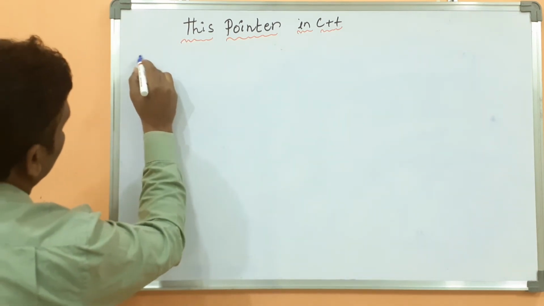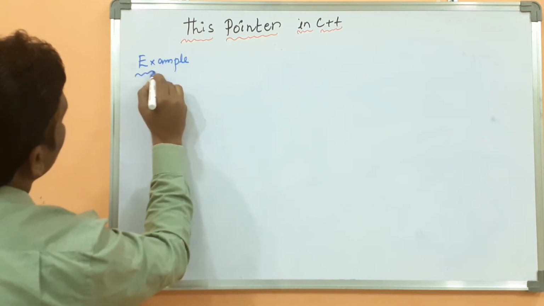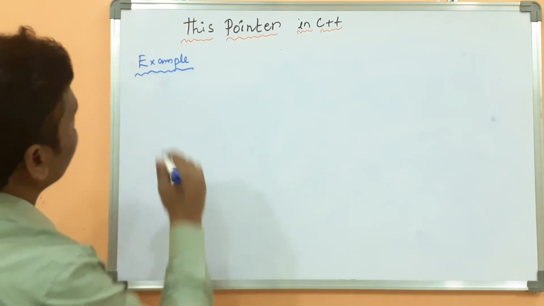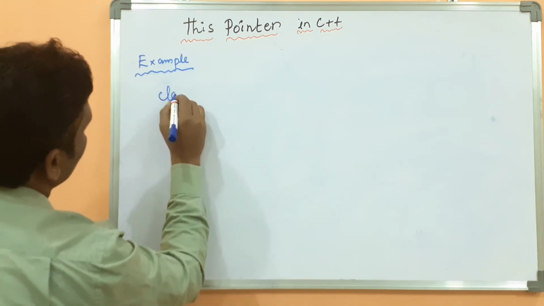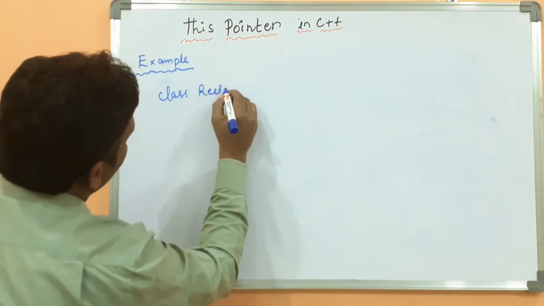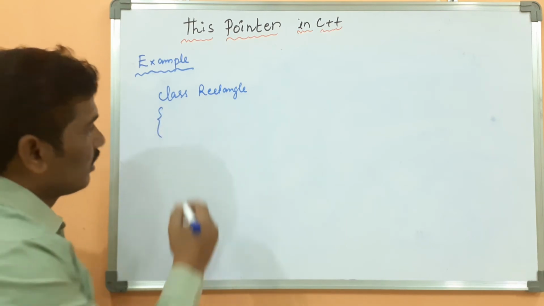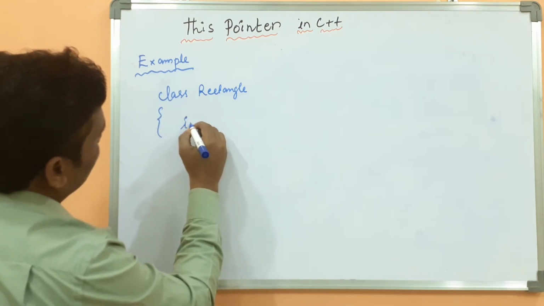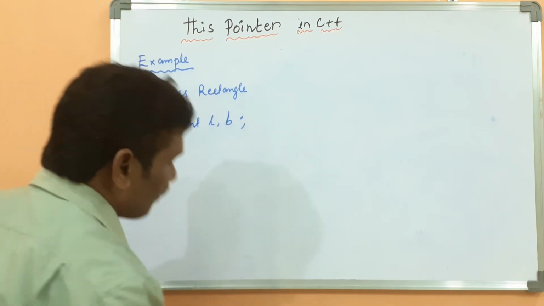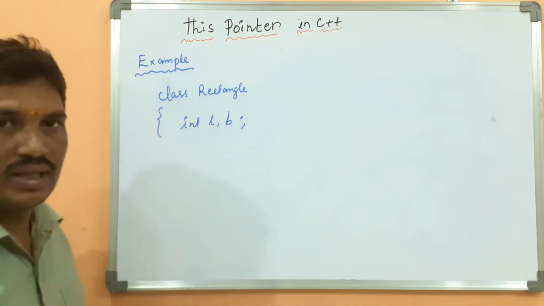Example is class, suppose Rectangle. Here I want to take two data members, int length and breadth. L belongs to the length, B belongs to the breadth.